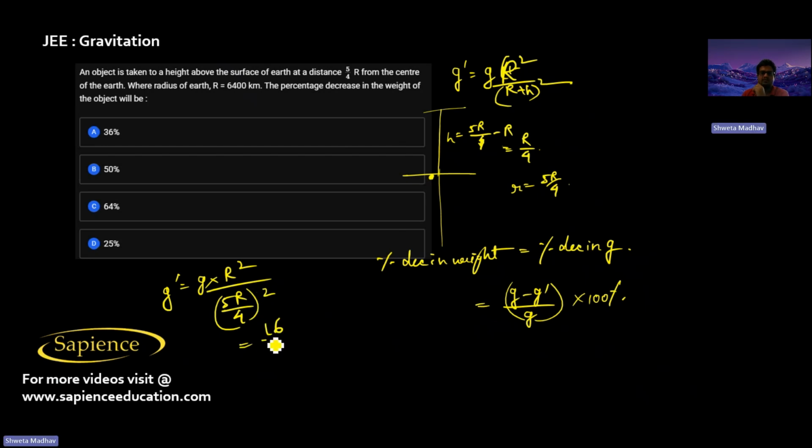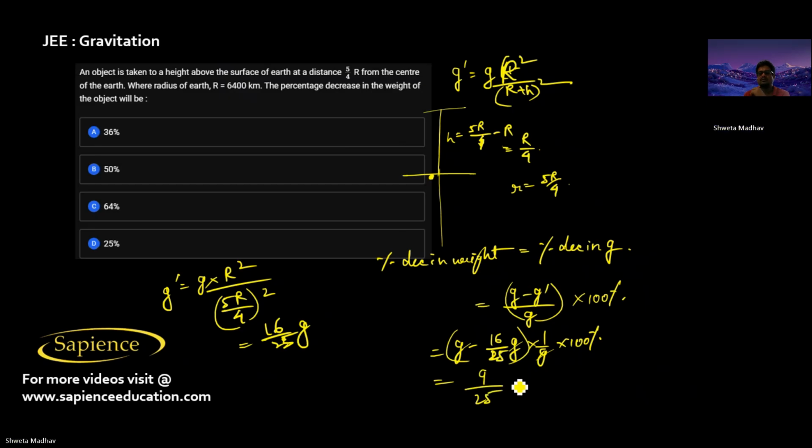This will be equal to 16 by 25 g. So this will be g minus 16 by 25 g divided by g into 100%. g will cancel, 1 minus 16 by 25, that is 9 by 25 into 100%. So that is 36%. So the percentage decrease in the weight of the object will be 36%, which is option A, the correct answer.